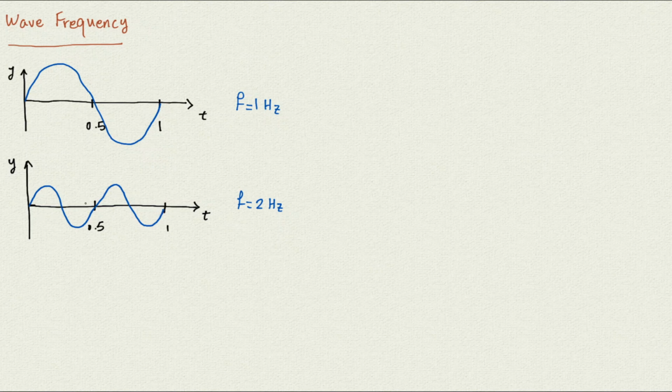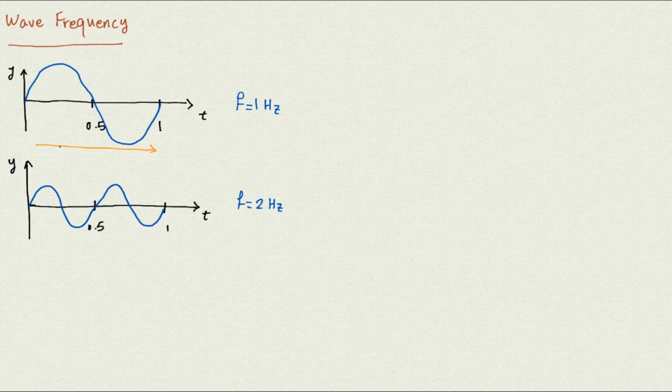So when we are talking about the wave frequency, basically we talk about how many full cycles we have in 1 second of time. And some notation on that: the time that it takes for one full cycle, we call it the period.